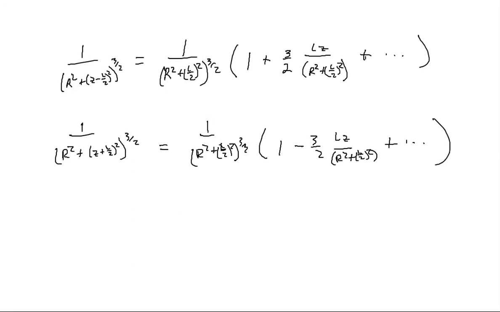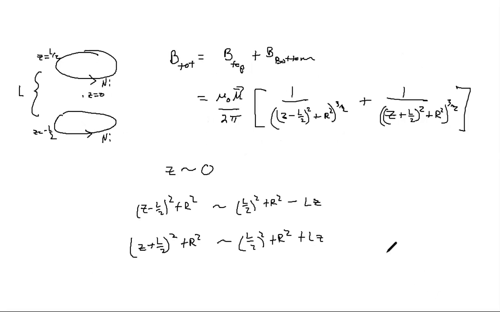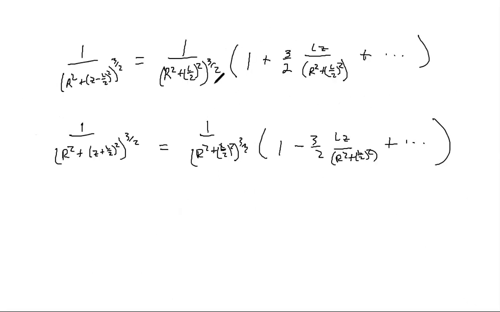Great. So let's go back. That's a lot of mess. So look what we have. We have this prefactor, and then we have to add these two terms. Look what happens when you add them. The prefactors are the same. The ones add up to give you a factor of 2, but the leading dependence on Z actually cancels. That's the big deal.